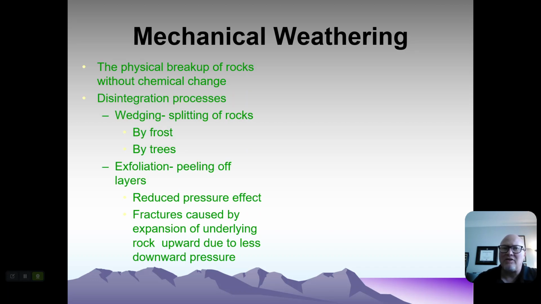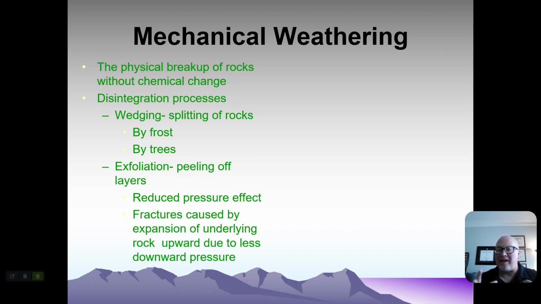So when we have mechanical weathering, this is the physical breakup of rocks, without any sort of chemical changes. This could happen by way of frost or trees splitting rocks apart, exfoliation, the layers of rock coming apart, or reduced pressure effect with fractures causing expansion of underlying rock.